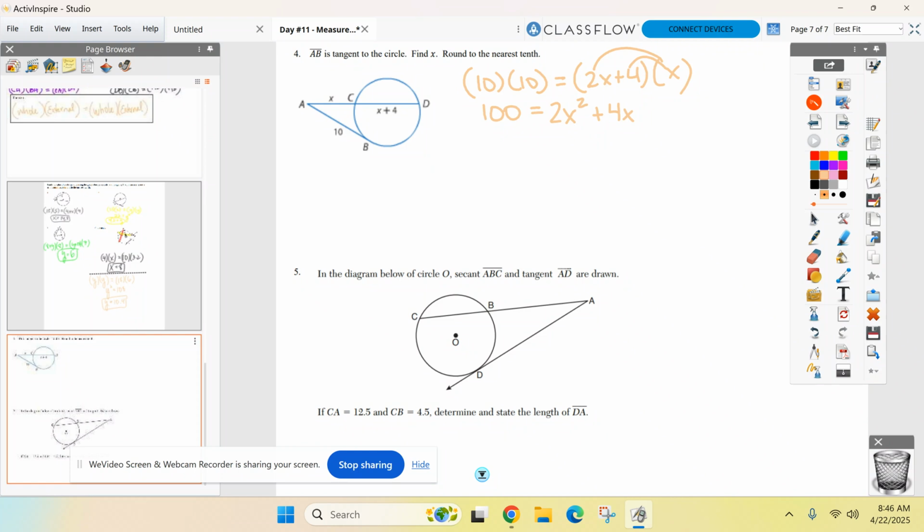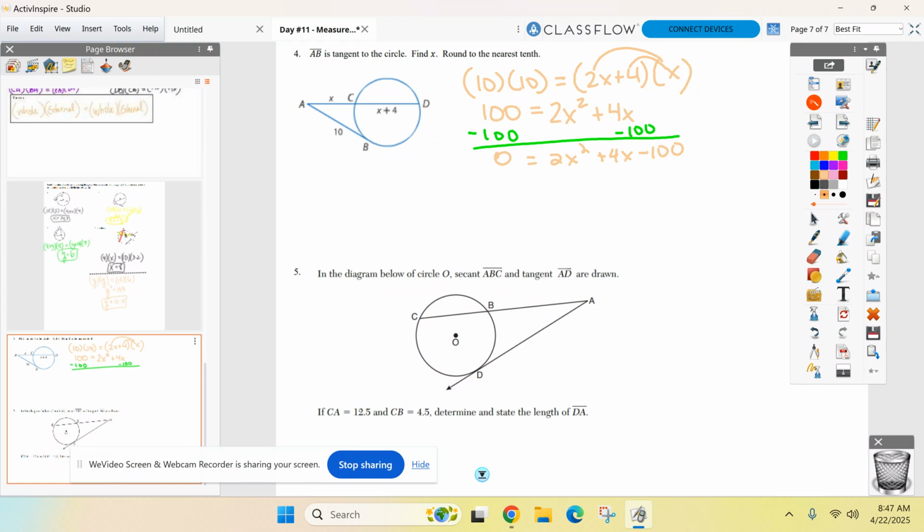Not yet. That's coming up. You have to bring the 100 to the other side. I can't do anything until it's equal to 0. Factor, quadratic formula, whatever you want to do, it can't be done until it's equal to 0. So good talk here. Minus 100 over. Zero equals 2x squared plus 4x minus 100.